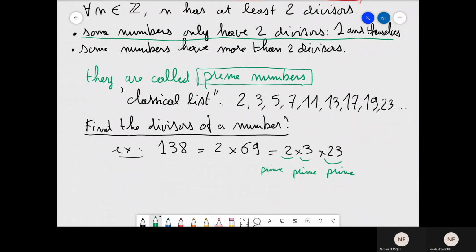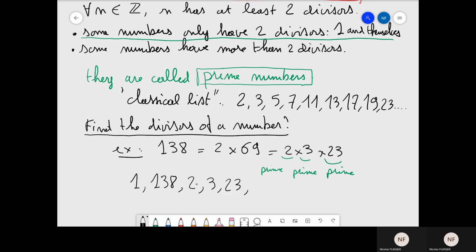Now all the divisors are combinations of those numbers. For example, 1 is a divisor of 138, 138 is a divisor of 138, then 2, 3, 23, and combinations of them are also divisors.